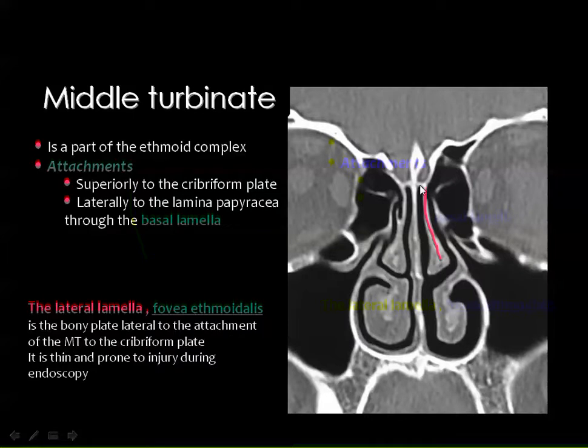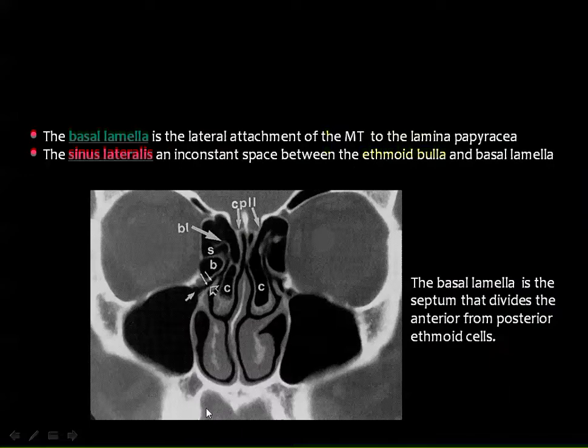Then here, this is the crista galli, this is the cribriform plate of ethmoids, and this part, which is a very thin bone bordering the gyrus rectus and the olfactory bulb from the lateral aspect, is known as the lateral lamella or the fovea ethmoidalis. This bony plate is very thin compared to the rest of the thick bone distal to it.